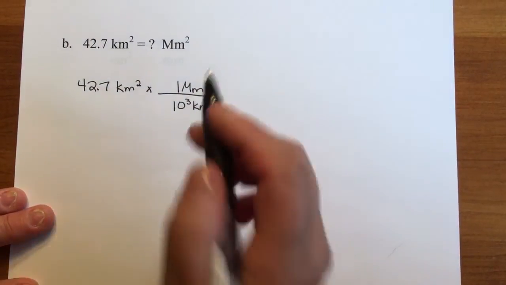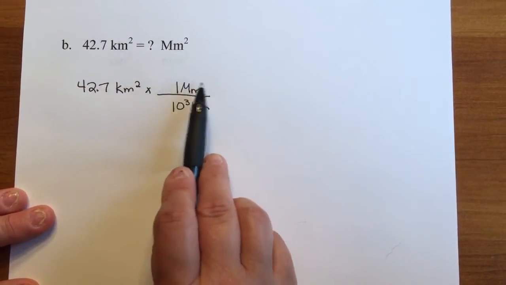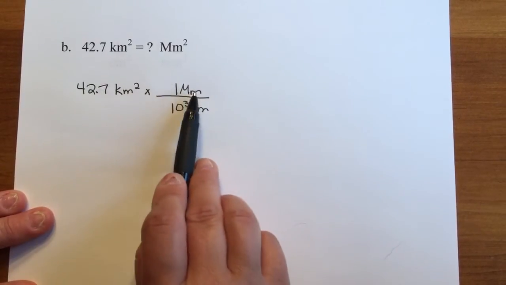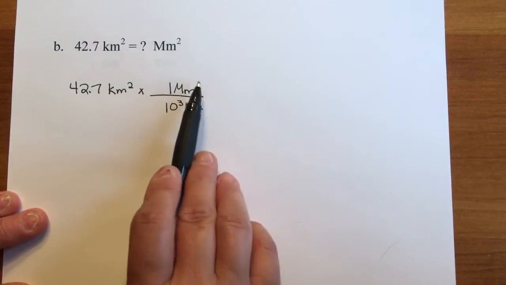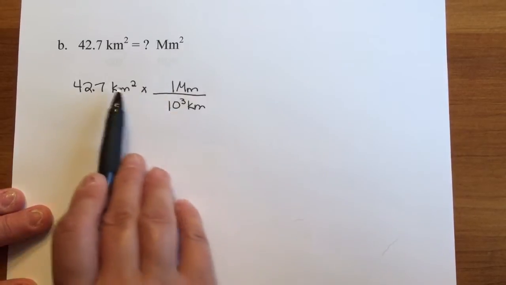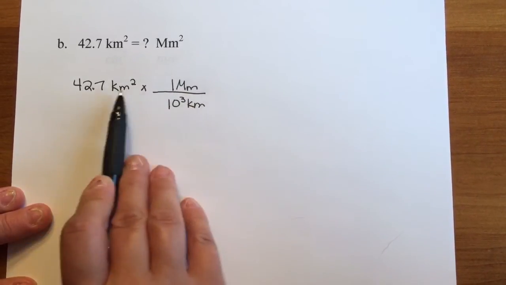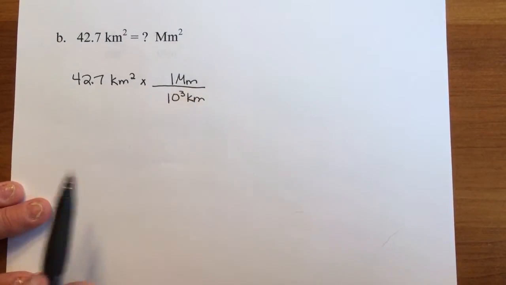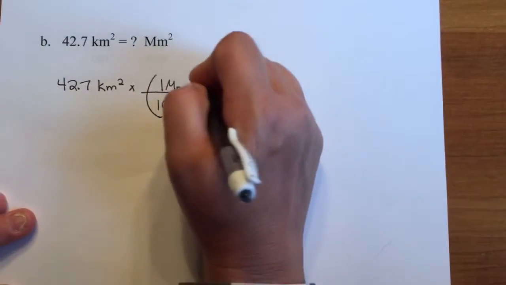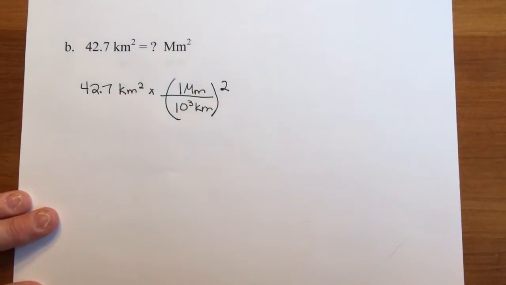So again, in order to get megameters squared, we need to square this, but in order to get rid of the kilometers squared on the top, we need to square the kilometers on the bottom as well. So we're going to square both terms.